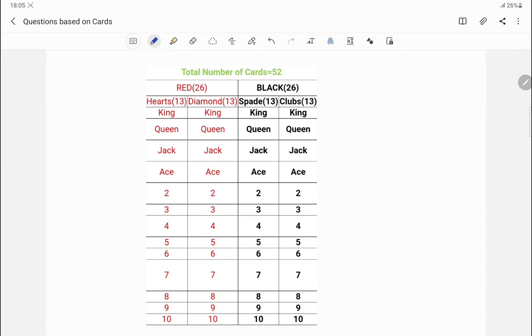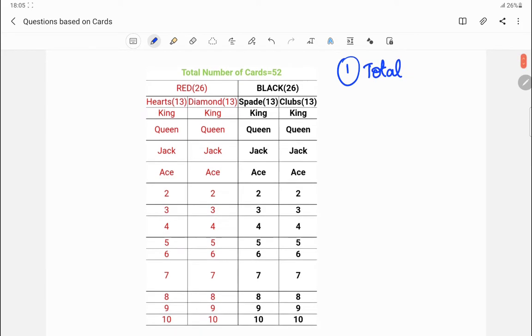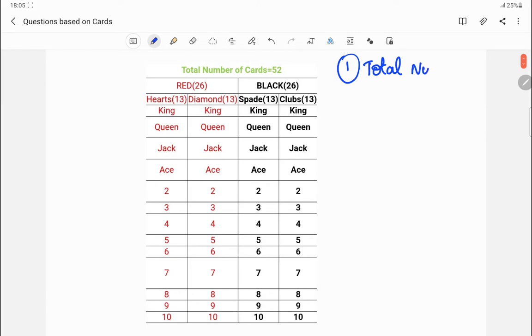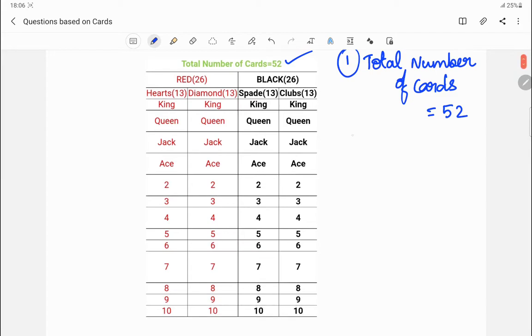We'll start with the total number of cards that are used. The total number of cards is 52. Now, cards are divided into two colors.